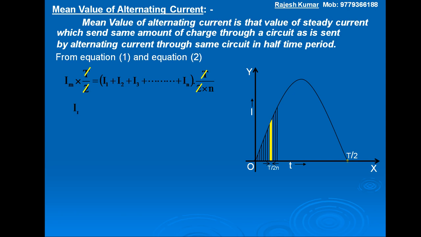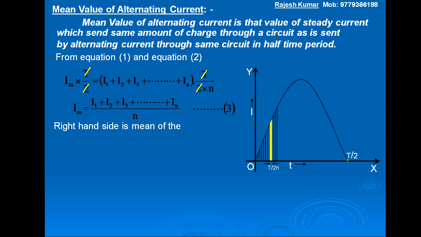So we get Im is equal to I1 plus I2 plus I3 plus so on plus In upon n. So this is the mean value of alternating current. Put it equation number 3.